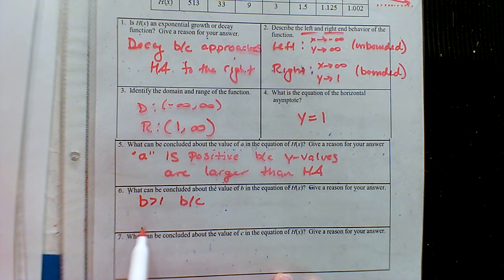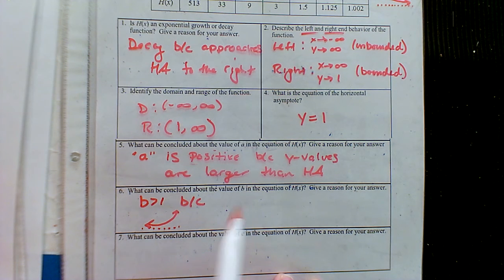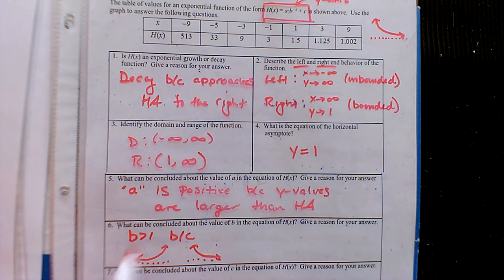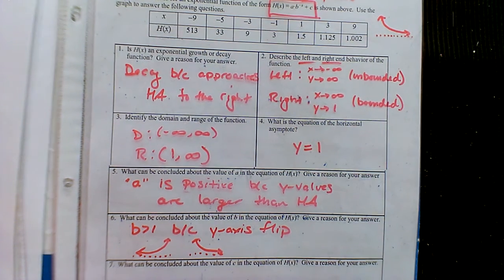So if you were to take a growth graph, like Rebecca says, B is bigger than 1, and you were to flip this left and right, it would then change to decay, which matches the graph based off the table. Okay, so you are starting with a growth graph, B is bigger than 1. And Rebecca said because we had that y-axis flip. Good.